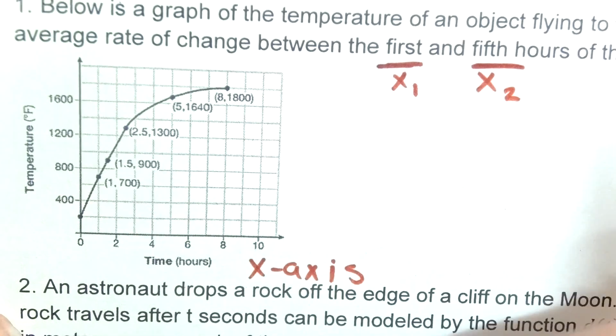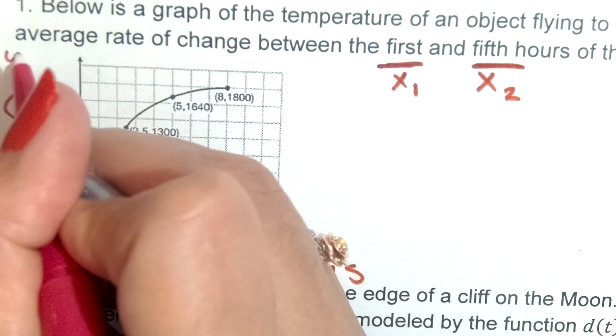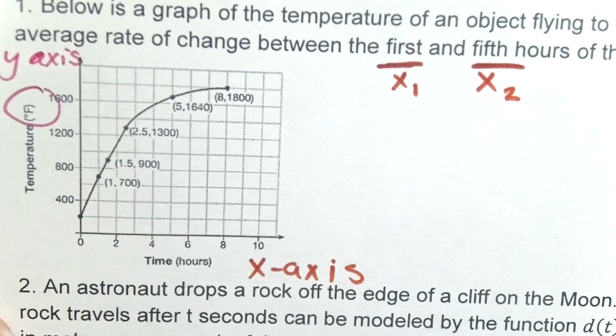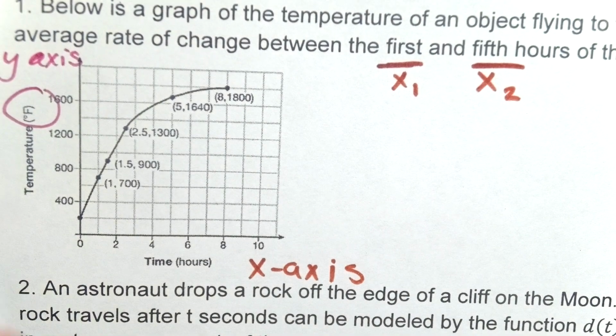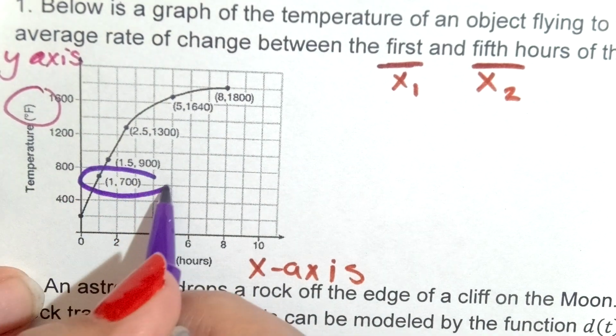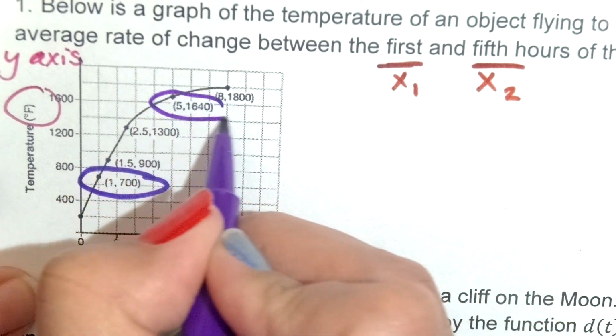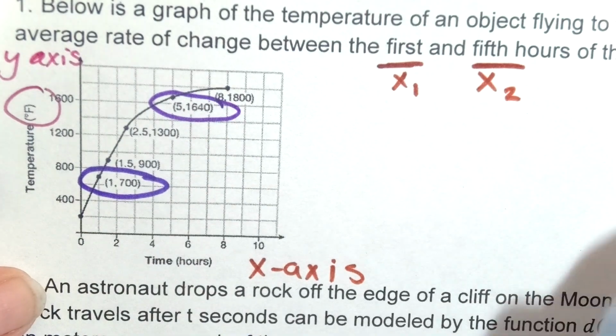Yeah, degrees Fahrenheit is going to be my units for the y. Okay? So we have 1 and 700 and what? What's my other coordinate? 5 and 1,640. Good. Okay?